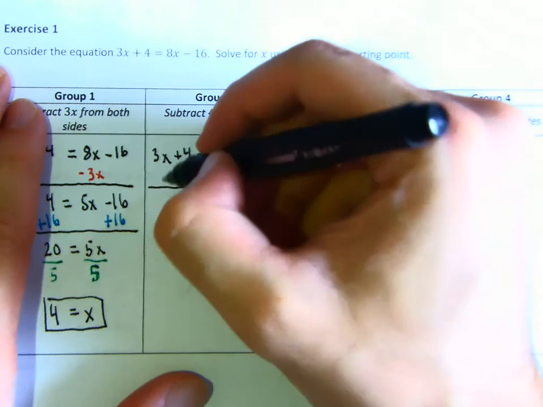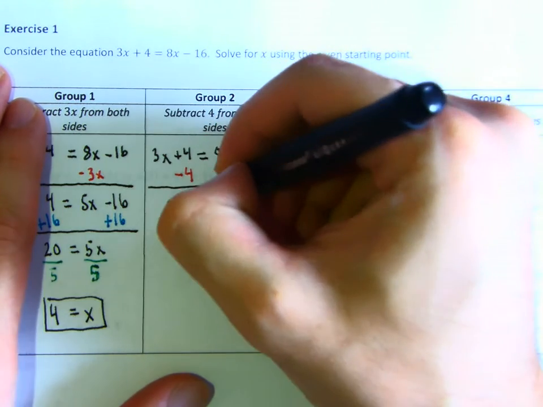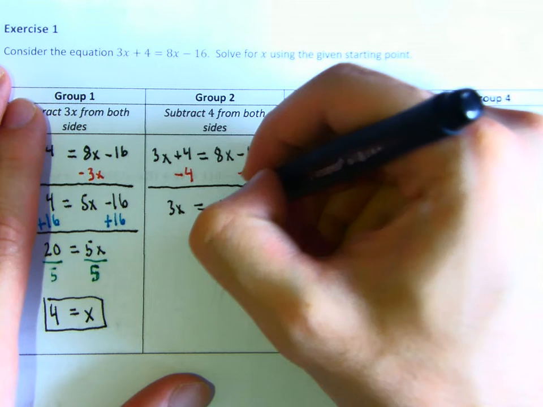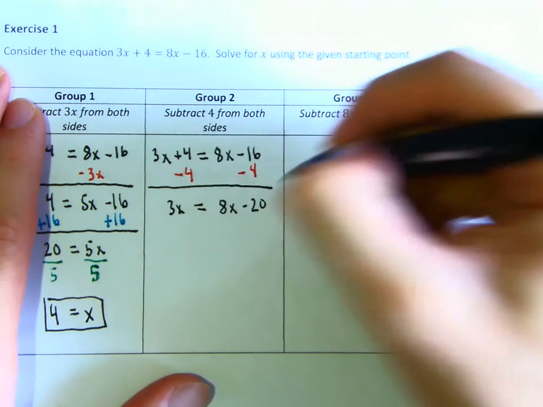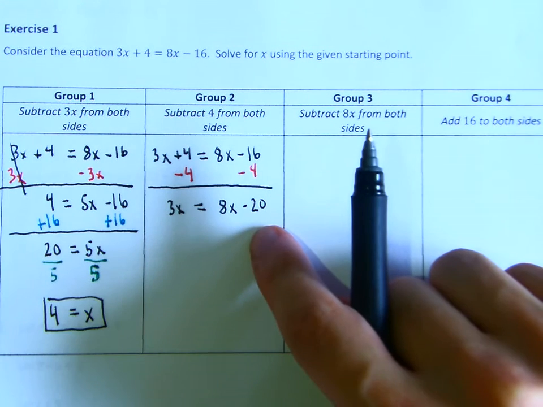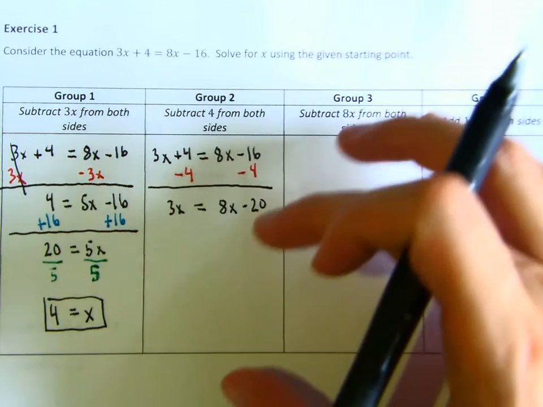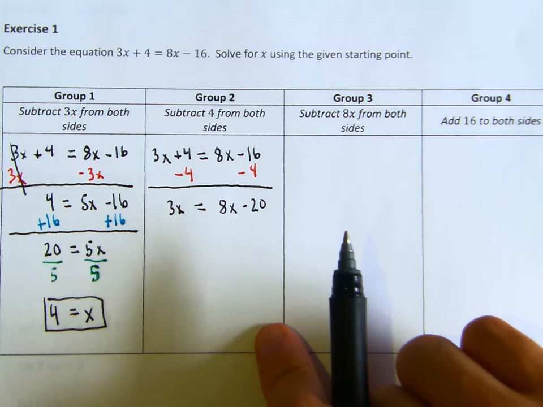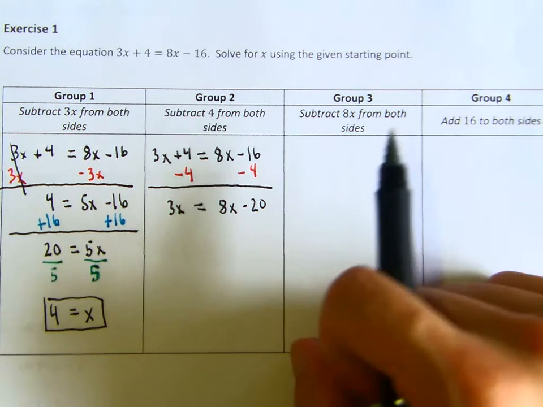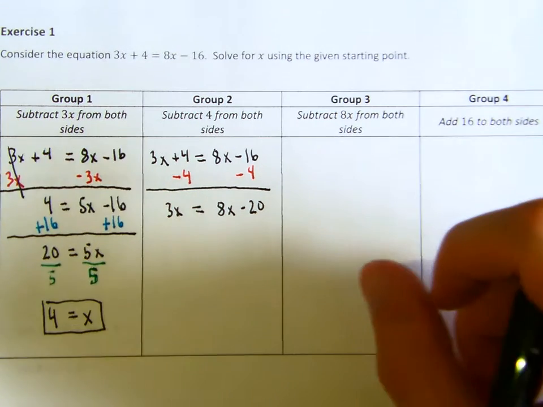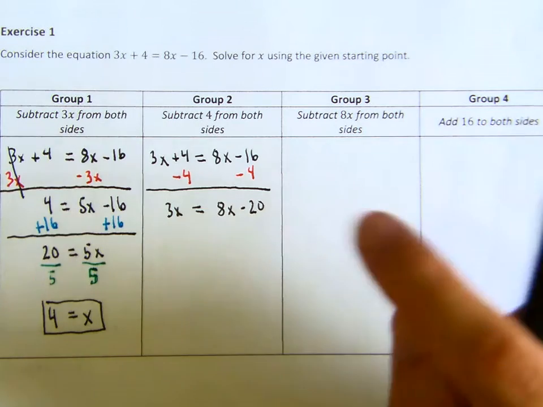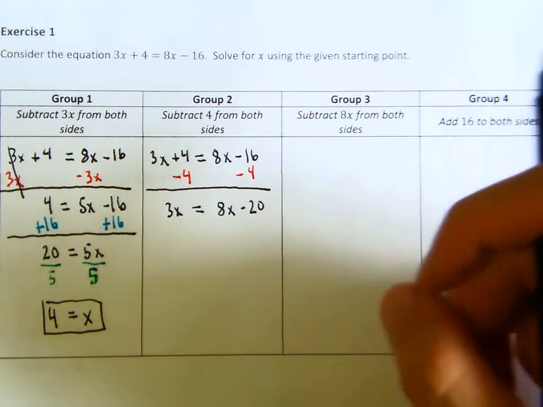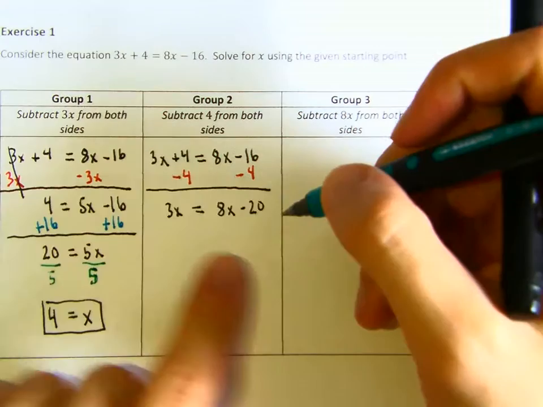So what would happen here? You have 3x equals 8x minus 20. Now the question I have is, when we solve this problem, are we going to get the same solution, x equals 4, or are we going to get a different answer? What do you think would happen? How would you continue with this one? How would you get x by itself?